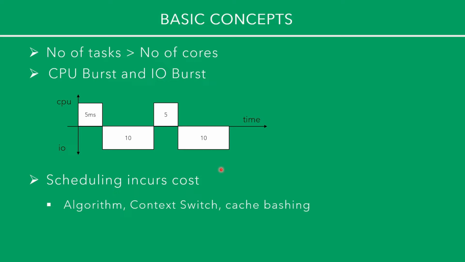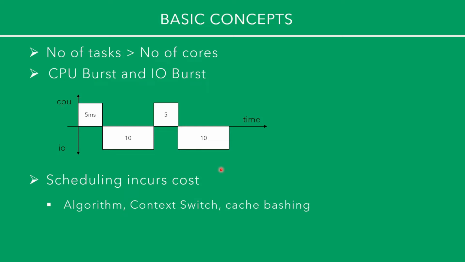Next, scheduling incurs cost. Scheduling is not free. For example, the algorithm that the scheduler uses to pick the next thread to send to the CPU might take some time to execute. Another thing is that whenever there is a rescheduling, you're doing a context switch, and the overhead of a context switch costs time.